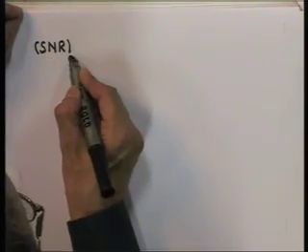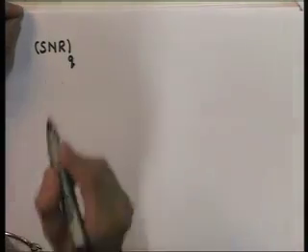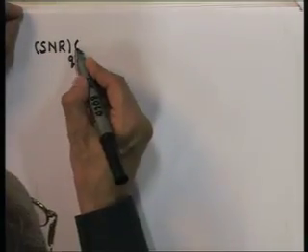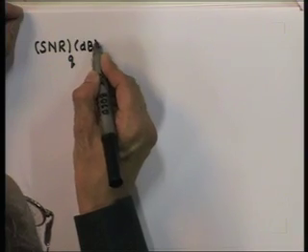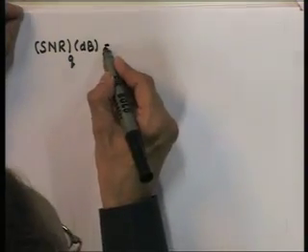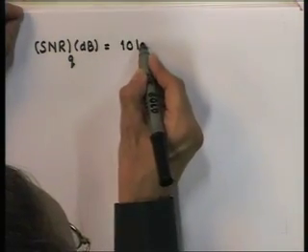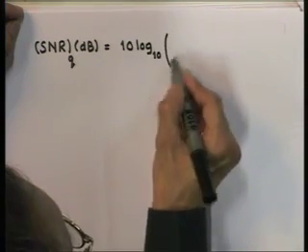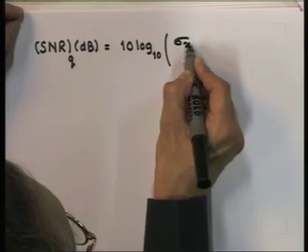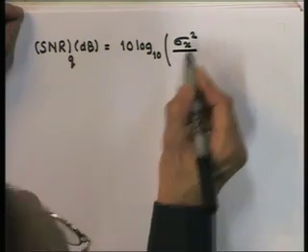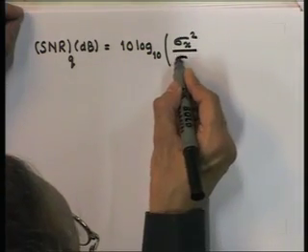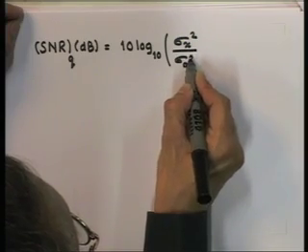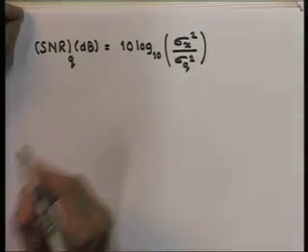which, to repeat again, signal to quantization noise ratio in dB, that is in decibels, is equal to 10 log to the base 10 of signal variance divided by quantization noise variance.